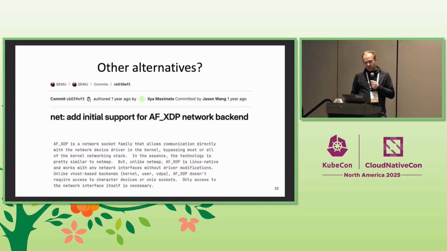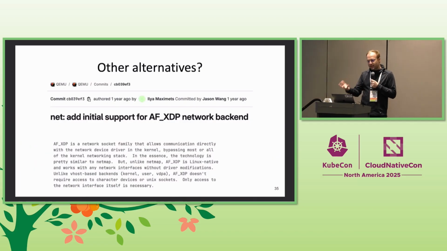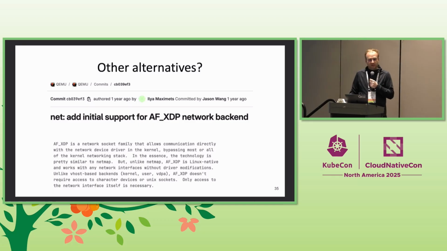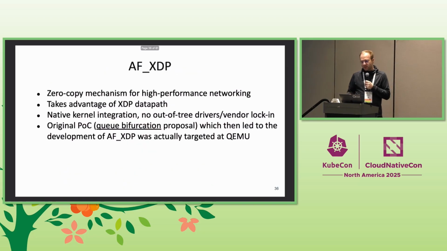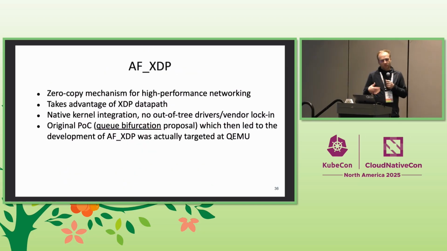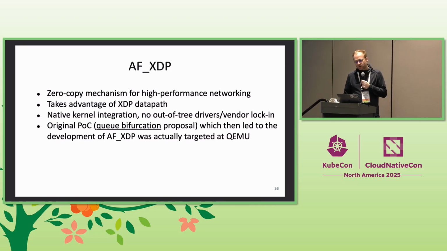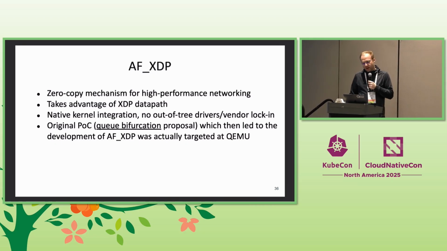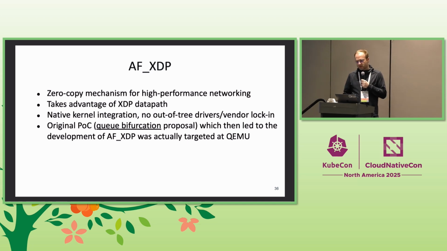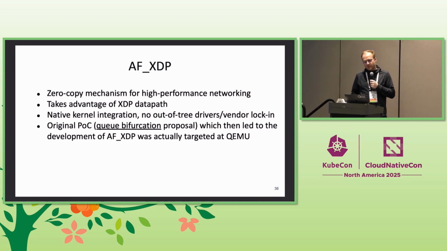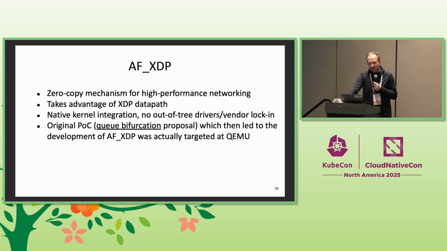So another alternative that we then looked at was AF_XDP. Not too long ago, QEMU got a new backend for AF_XDP. And AF_XDP itself is a technology in the Linux kernel that provides a zero-copy mechanism so that you can implement high-performance networking. It makes use of the XDP data path.